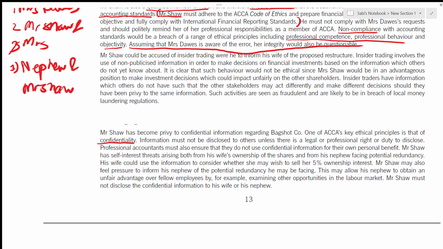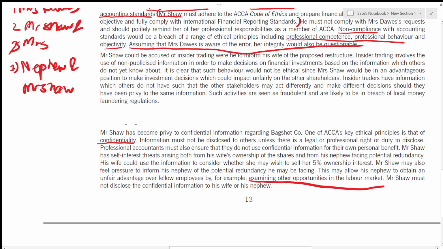Mr. Shaw may also feel pressure to inform his nephew of the potential redundancy he may be facing. This may allow his nephew to obtain an unfair advantage over fellow employees. It's very clear. If he gets the information, he will have an unfair advantage over fellow employees by, for example, examining other opportunities in the labor market. That's why in this ethics part there are professional marks.